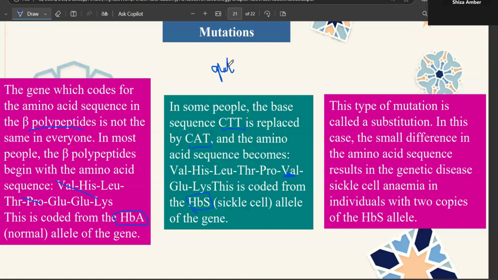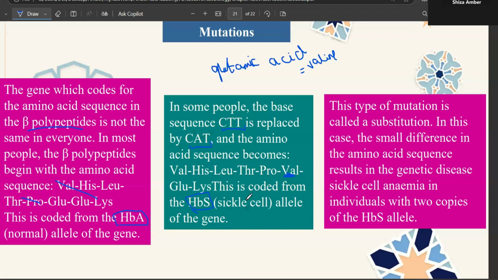It's not written here, just write it with yourself. Glutamic acid is replaced with valine. Glutamic acid is now valine. So in place of glutamic acid, valine, just one amino acid has been altered and it's now resulting in HbS, which is a sickle cell disorder.